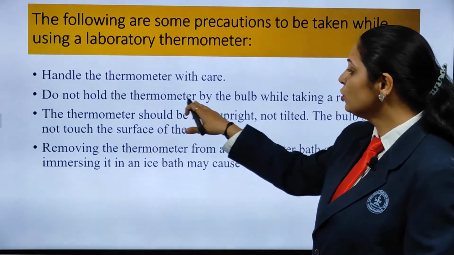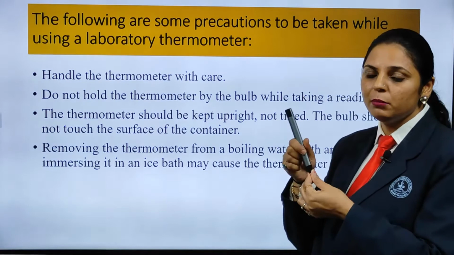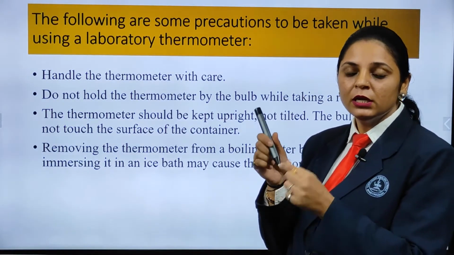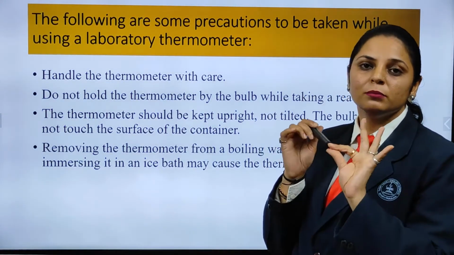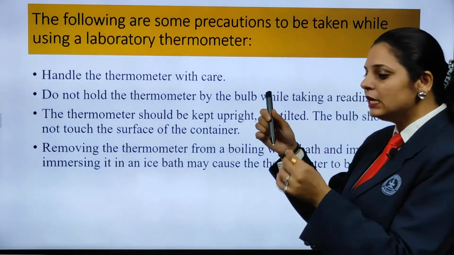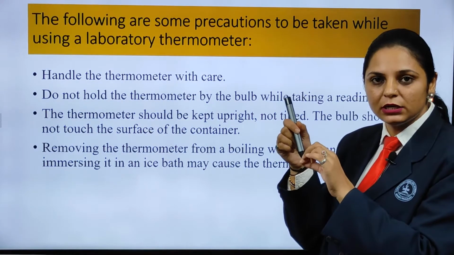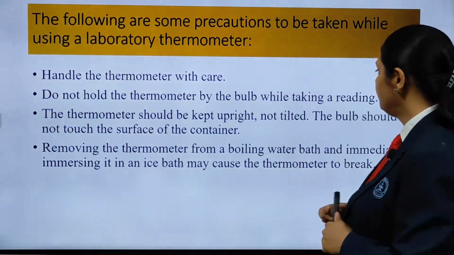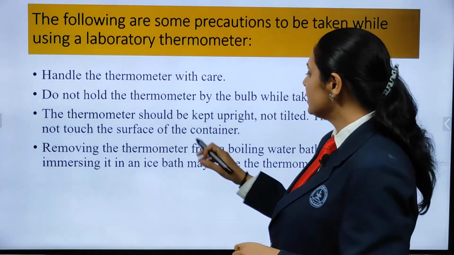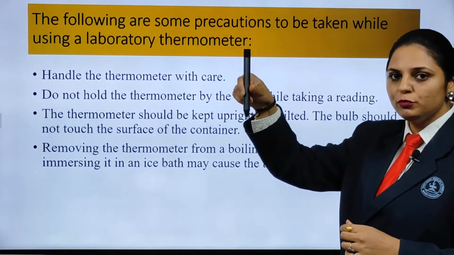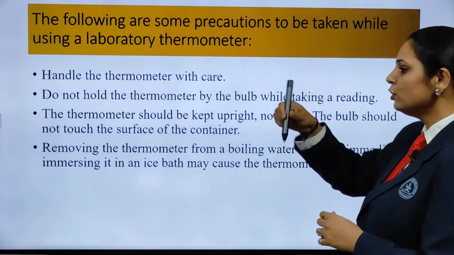Do not hold the thermometer by the bulb, because then it will note down your body temperature. As the heat from your body contacts the mercury, it will rise up. Then the thermometer should be kept upright, in this position, not tilted.